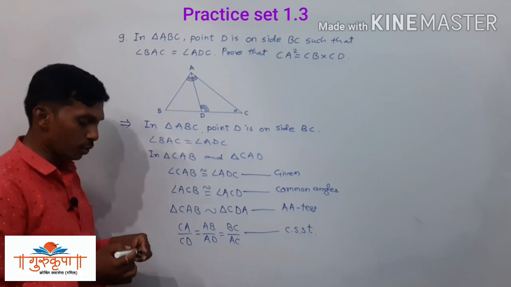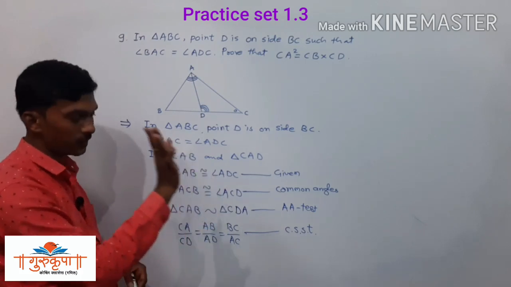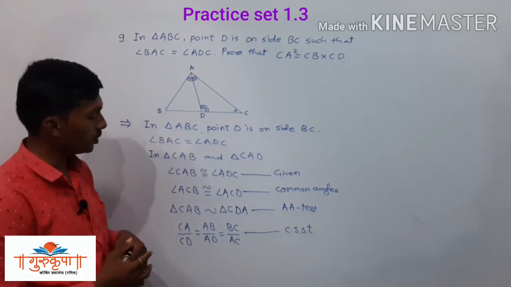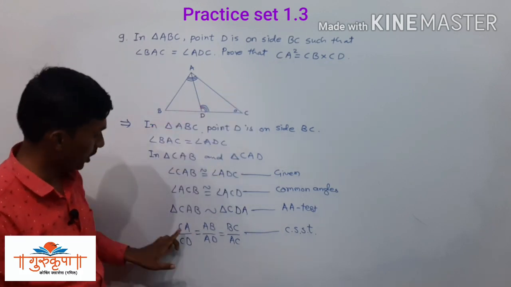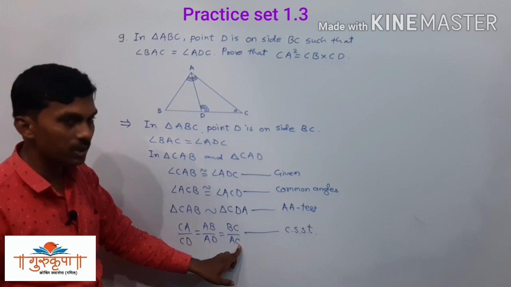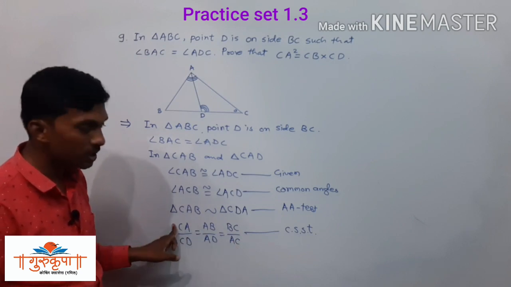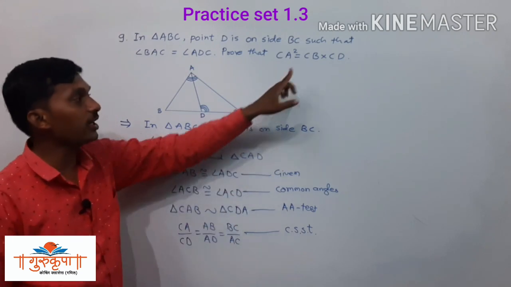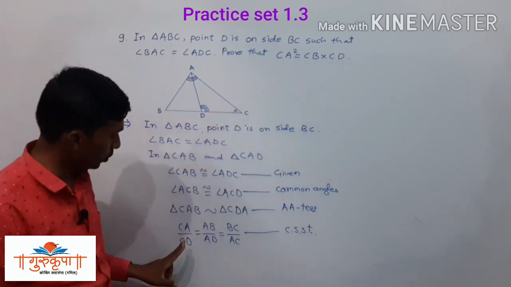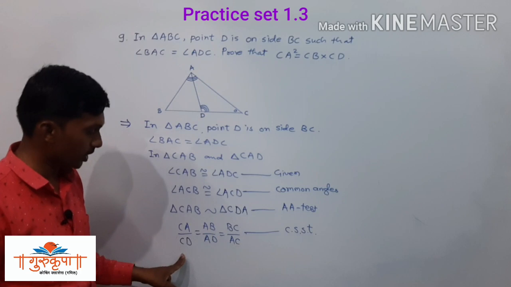Now we have to use only two ratios out of the three. Which ratios do we have to use? Since we have to get CA square, see, here we have CA, here we have CA. CA into CA is CA square, that is equal to BC into CD, and that is what we have to get. So we have to use these two ratios, first and last.